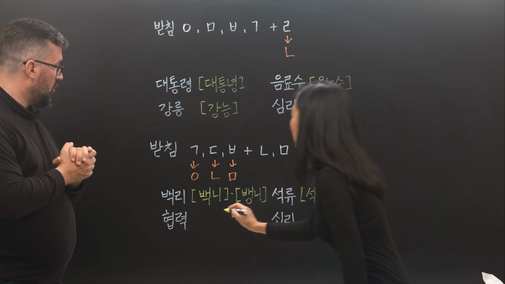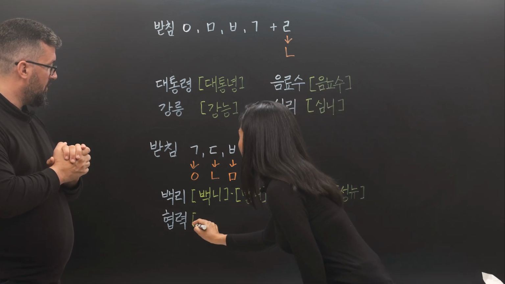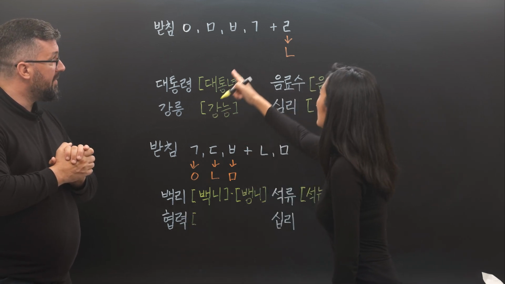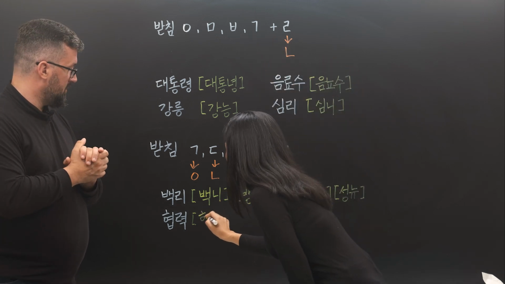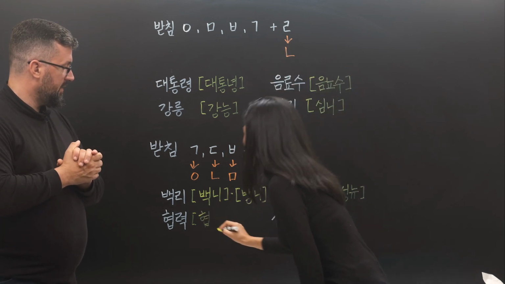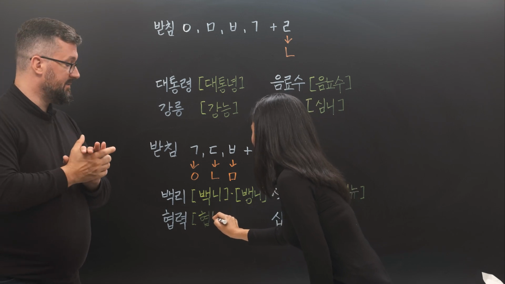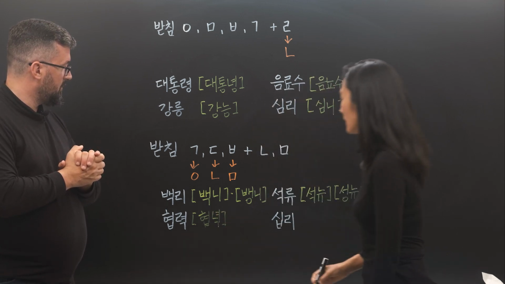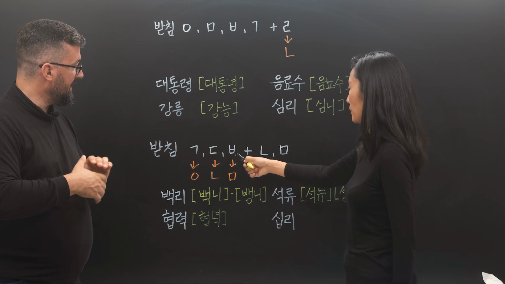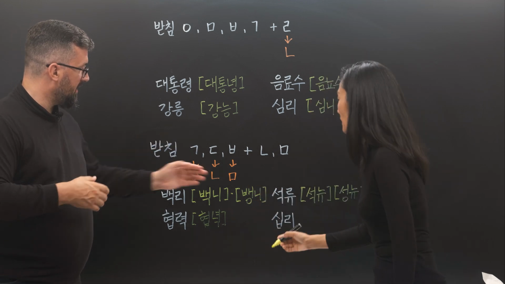Batchim b meets r. Then r becomes n. And then Batchim b meets n. Then it becomes m.